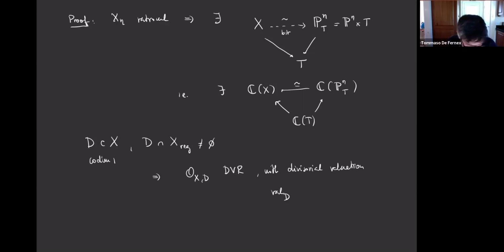I think I used a different notation for this before. Order along D, the order of vanishing along D. I think about this as an evaluation of the function field of X.